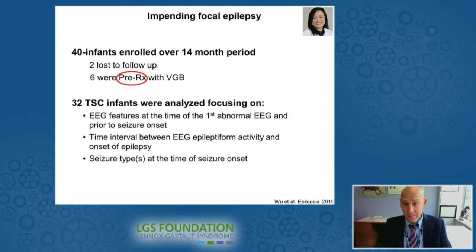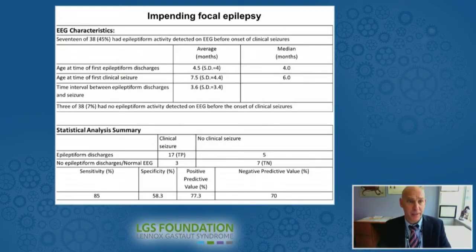And many, 2 were from my site, and several others opted not to wait, despite the fact this was an observational study. So that left 32 infants for a complete analysis, and we looked at features that were predicting the onset of epilepsy and the time in between conversion from a normal EEG to an abnormal EEG.